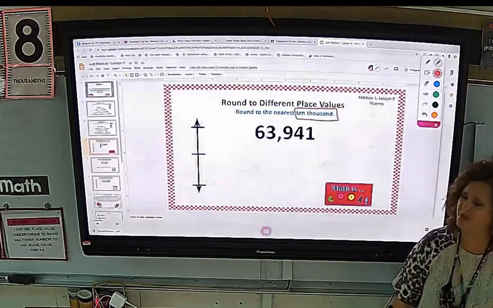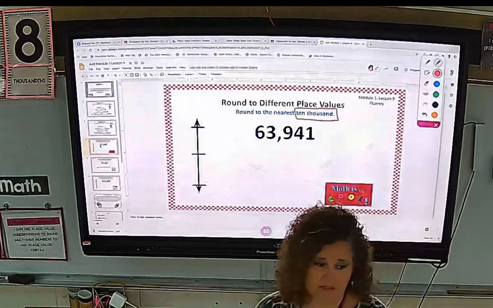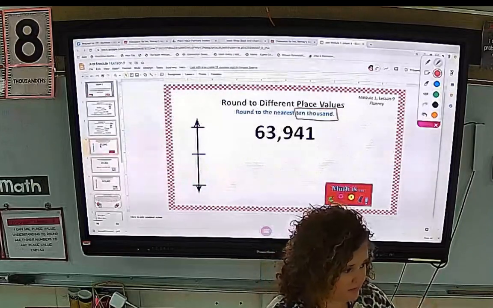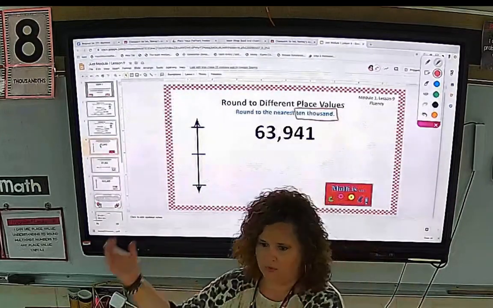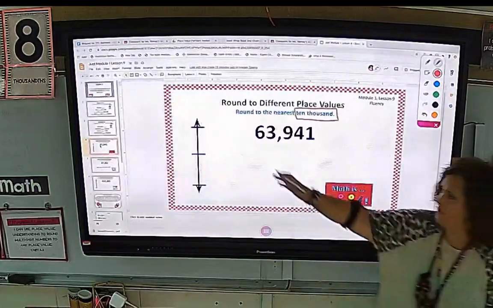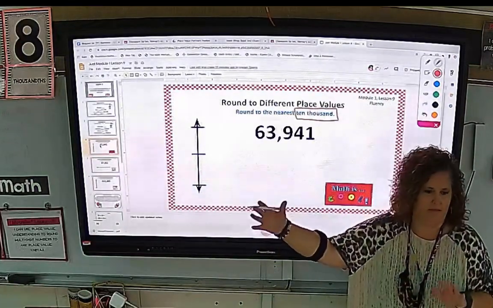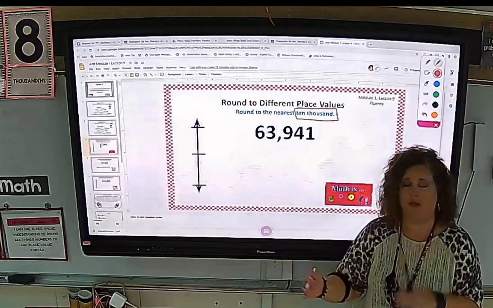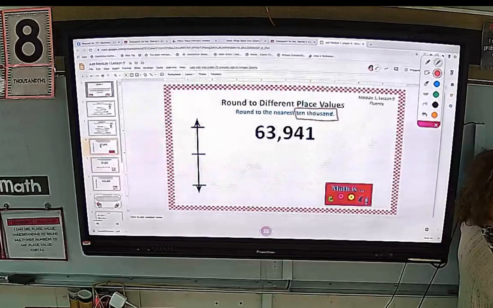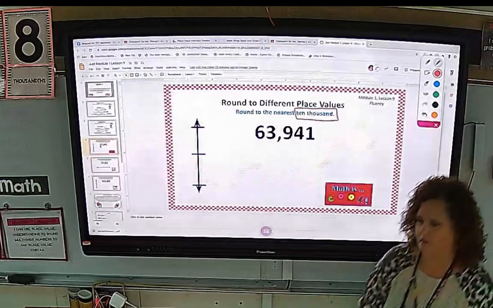Even when you get to your problem set today, you won't see number lines every time. All you will see is, please round this number to the whatever place. And if you choose to use the number line, then use the number line. That might be the tool that works best for you. If you like our lovely rounding rhyme way better, then use that.